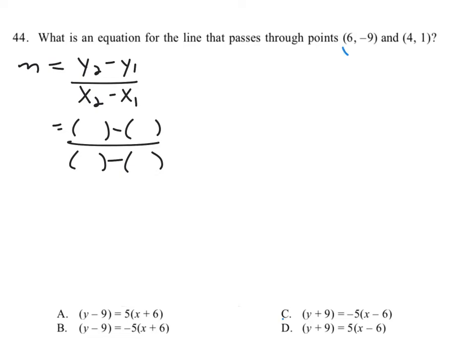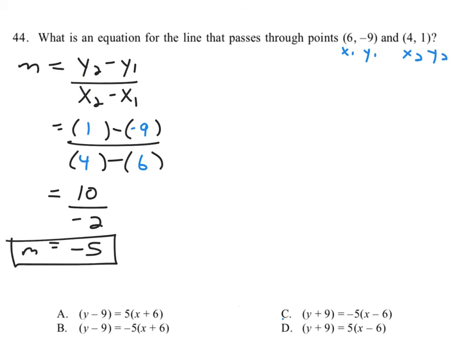Okay, let's say that this is x1 and y1, this is x2 and y2, and so then y2, 1 minus y1, negative 9, over x2, 4, minus x1, 6. And when we simplify this out, we get 1 minus negative 9 is the same as 1 plus 9, that's 10, over 4 minus 6, negative 2, which simplifies out to be -5. We have a slope of -5.